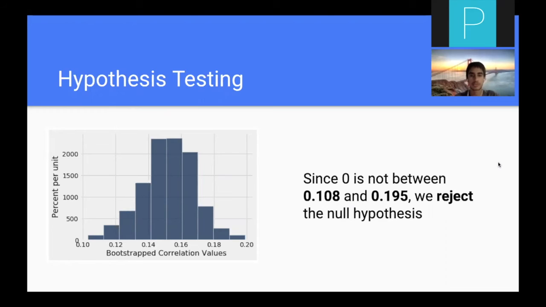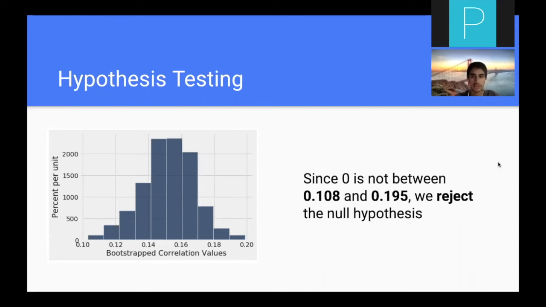And we used a 1% significance level. So from this test, you can see that the 99% confidence interval is from 0.108 to 0.195. And because 0 or no correlation is not in between these two numbers, we reject the null hypothesis.